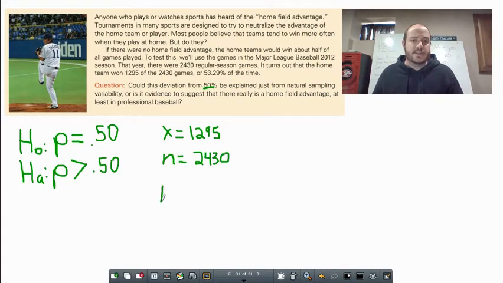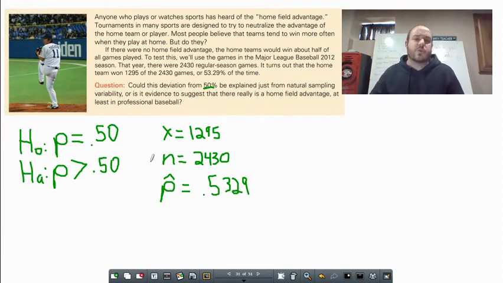And they give us p-hat, which is the proportion of success, 53.29%. That's actually just a bonus that they gave us, because in reality, we could have found that ourselves by just doing 1,295 divided by the 2,430. So these three things were all given to us.